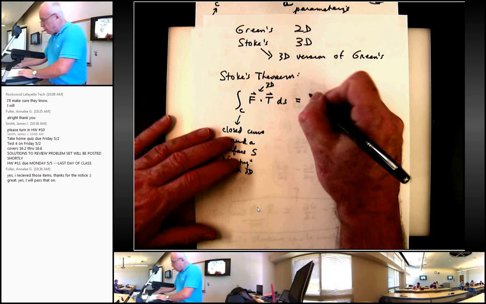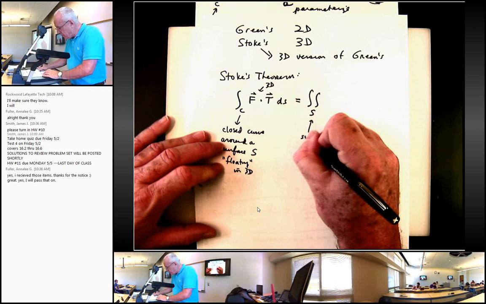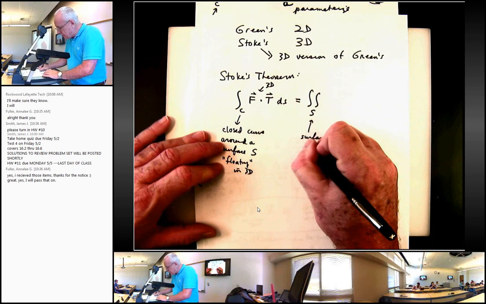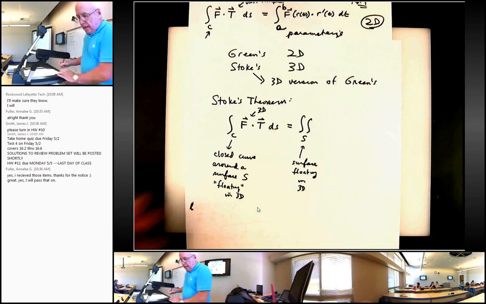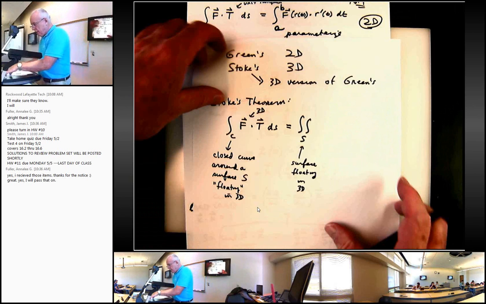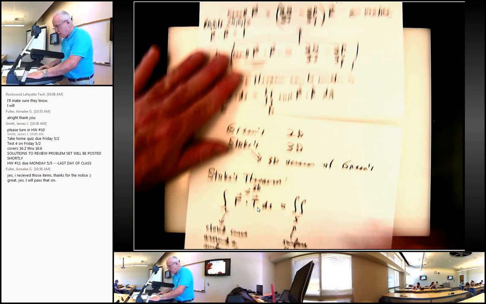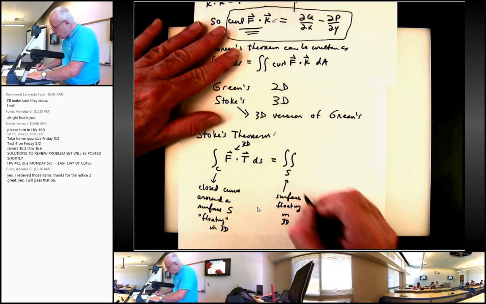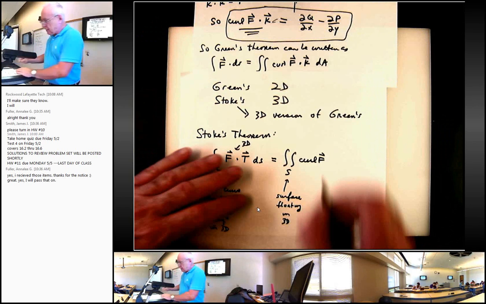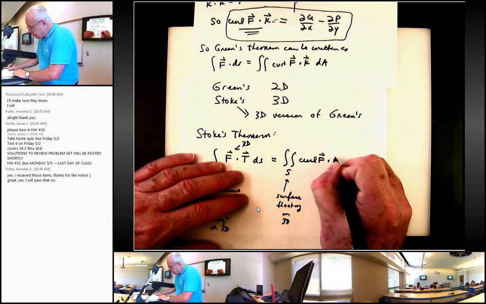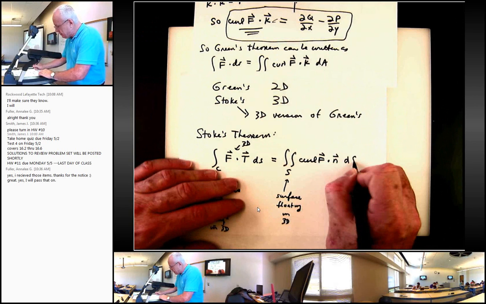This is equal to a double integral over our surface. So that's our surface now floating in 3D. And what we're integrating is just like what we had written here. We're integrating the curl of our vector force field dotted with, this time, a normal vector dS.